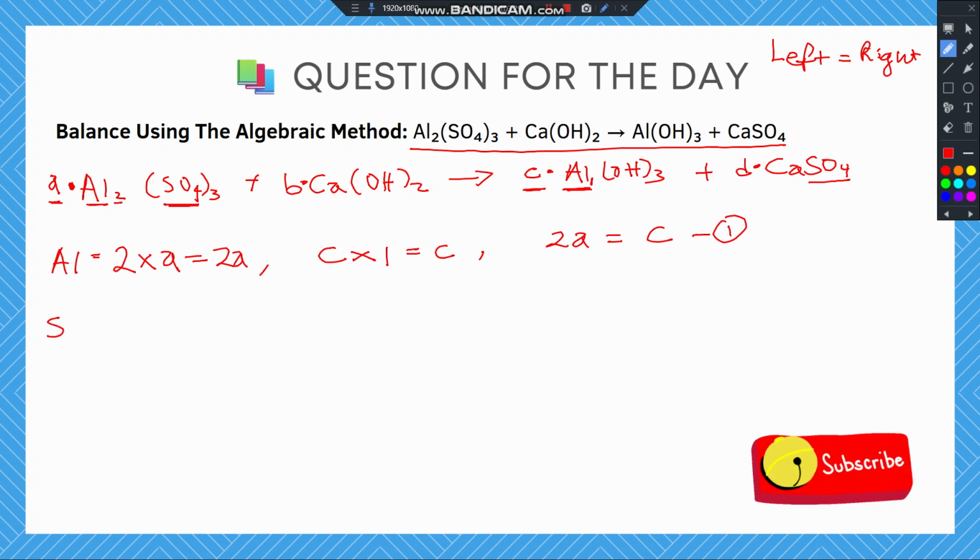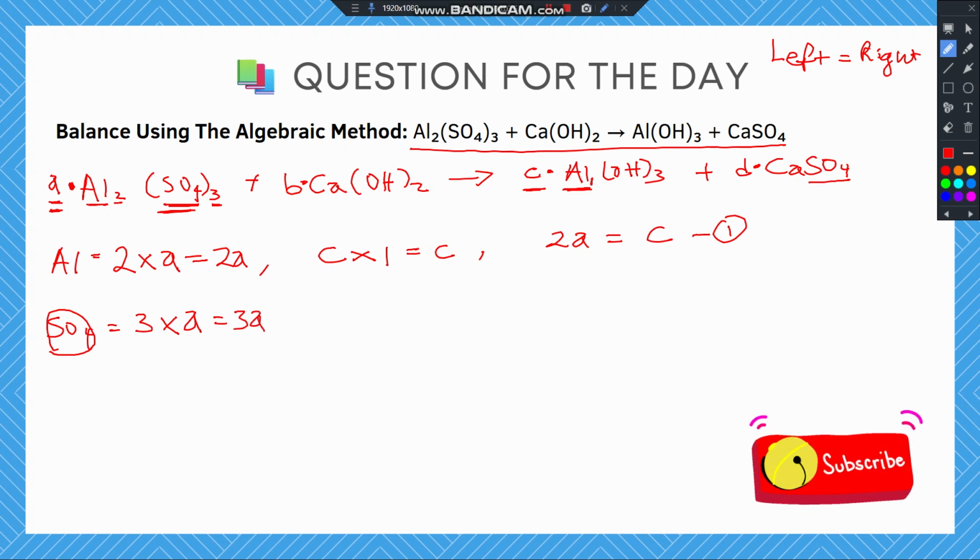So we have SO₄. On the left hand side, you can see SO₄ has a subscript of 3 standing outside the bracket. And the coefficient that stands with the compound is the letter A. So that tells us that the number of times this polyatomic ion appears will be given by the subscript 3 multiplied by the coefficient, which is A.